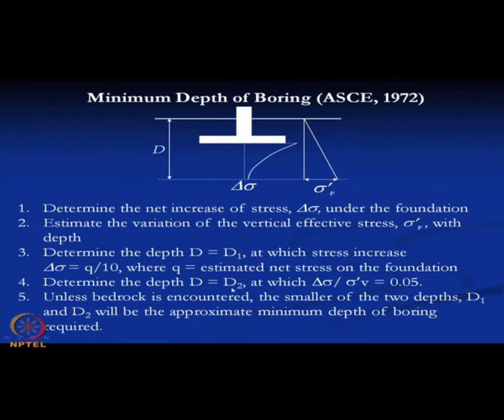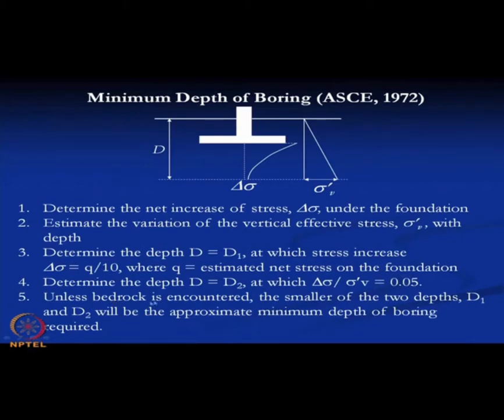Then we determine the depth D equal to D2 at which the ratio of net increment of stress to effective vertical stress is equal to 0.05. So, we will determine that depth also, where we get this condition.